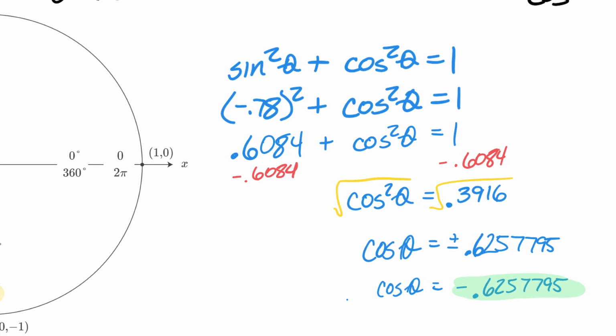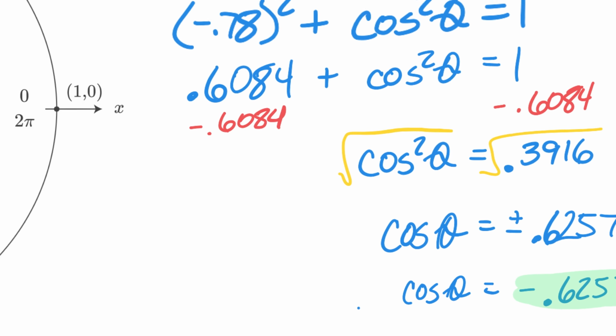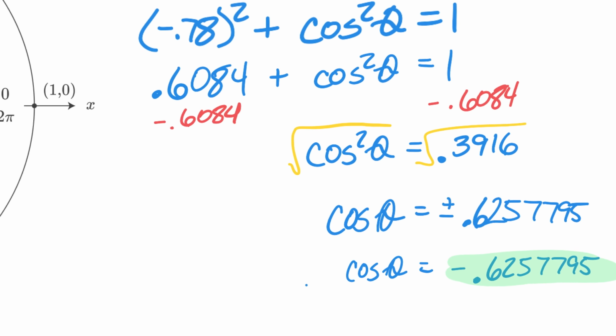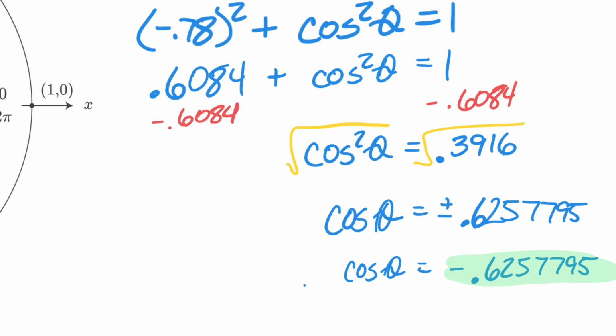So we'll carry this down so we can see it. Try to keep it all in one picture here. There we go. So tangent is the sine value, which was negative 0.78, over the cosine value, which is negative 0.6257795.